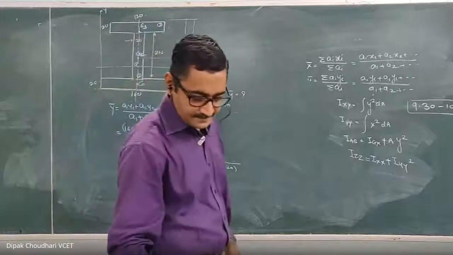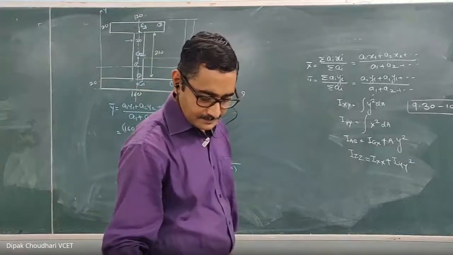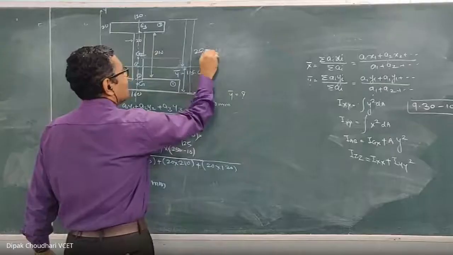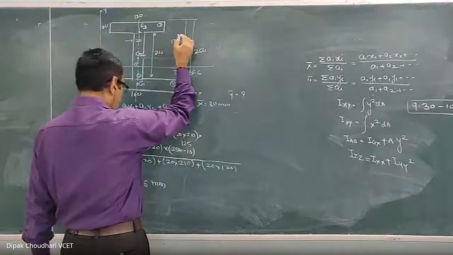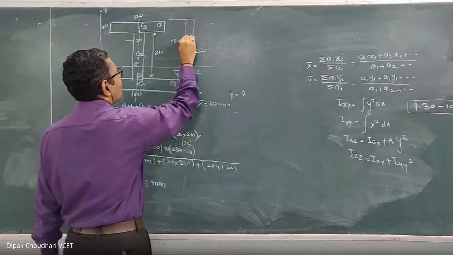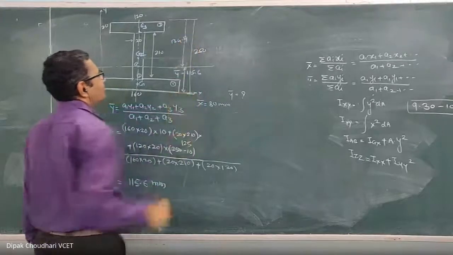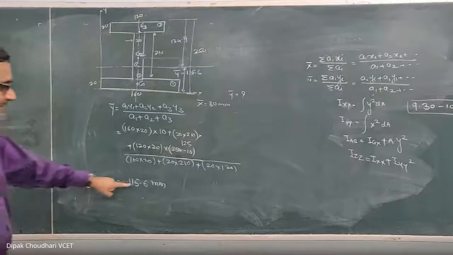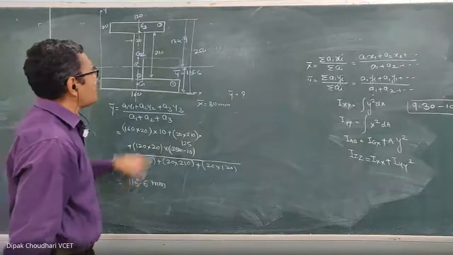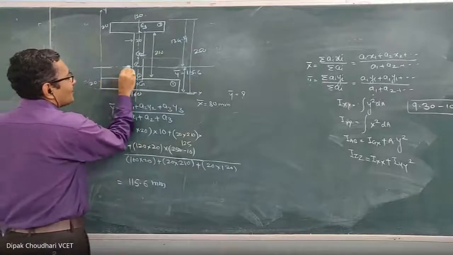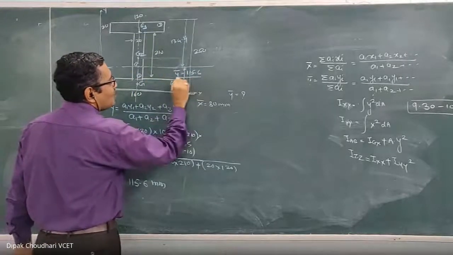How much is that? 134.38. I'll take it 134.4. Okay. This is the distance of the centroid from the bottom. This is the distance of the centroid from the top. And I have shown this centroidal axis. I have written y bar over here.